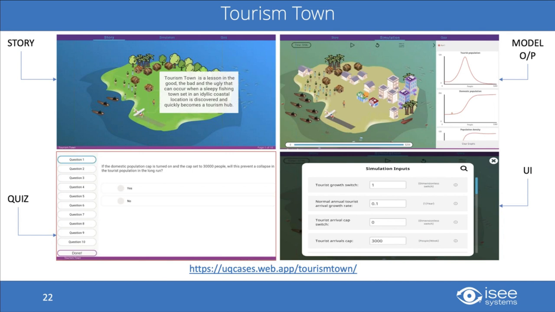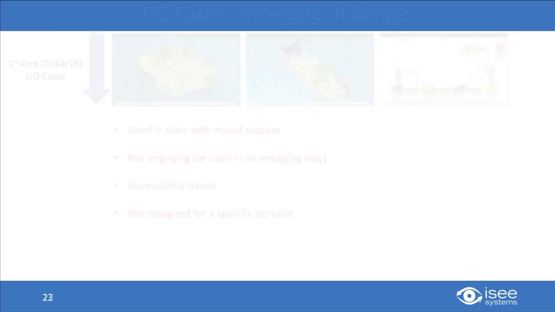This is what I meant by text entry. We have these text fields. You can scroll through them, and there are a lot of things you can change. There's a little information button associated with each to tell you what it means. And then the quiz is located on the left-hand side. It's typically a 10-question quiz that you can use to self-test your progression through the case itself.